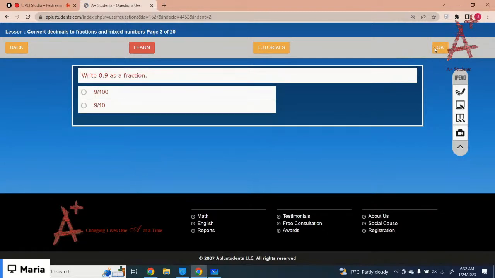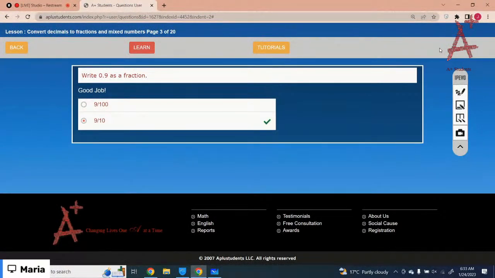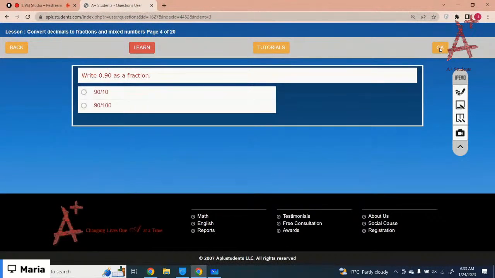Okay, 0.9 as a fraction. So which is the correct option? It would be 9 over 10. Got it? Because you have just one digit right after the decimal. So it would be 9 over 10. Okay, write 0.90 as a fraction.